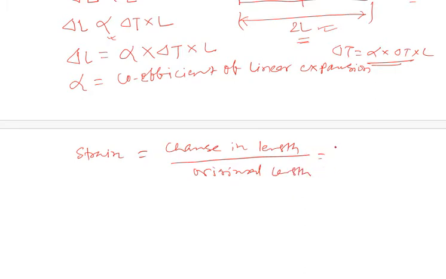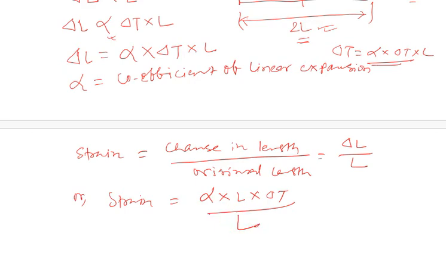So strain is delta L by L, and the value of delta L is alpha into L into delta T, divided by the original length.